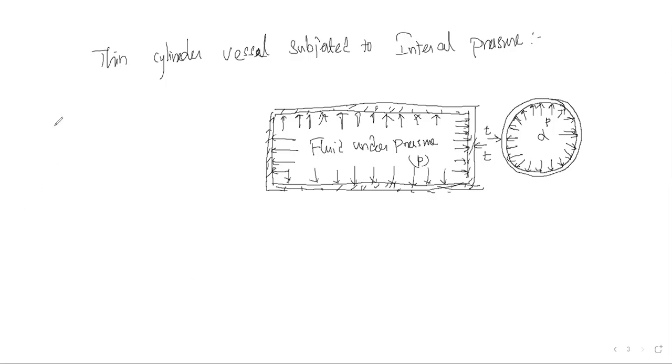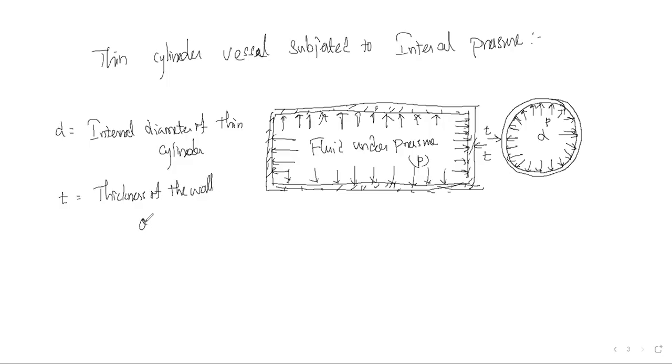Now, small d is equal to the internal diameter of the thin cylinder. t is equal to the thickness of the wall of the cylinder, and the pressure p is equal to the internal pressure of the fluid.